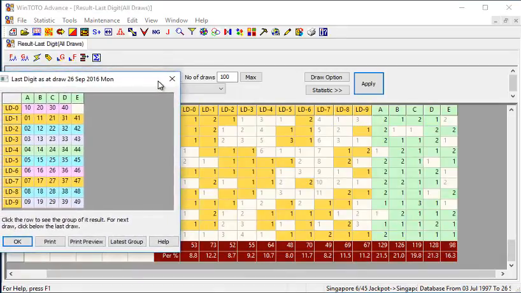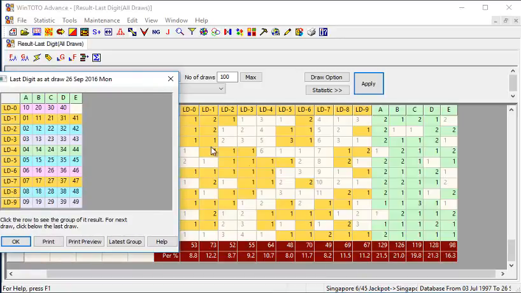Let's take, for example, LD1. LD1 basically covers numeric digits that end with 1, the last numeric digit. For example, 1, 11, 21. Can you see all the digit behind is 1? Now, all of these 5 numbers, you can see that for the past last draw, no appearance.